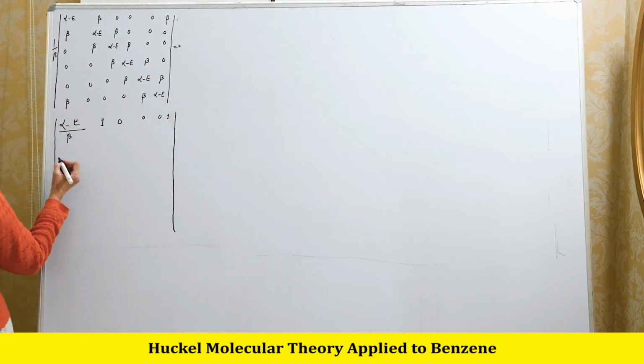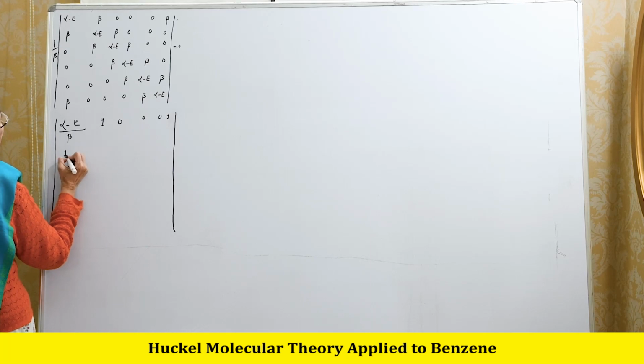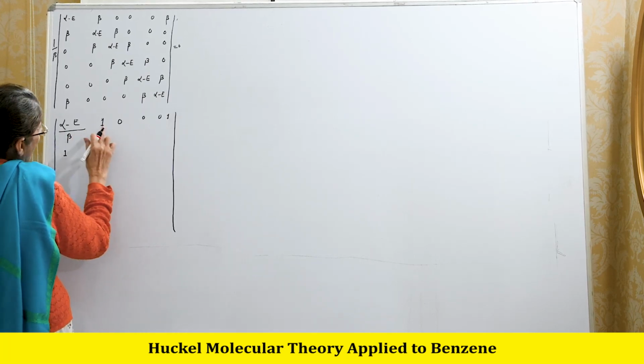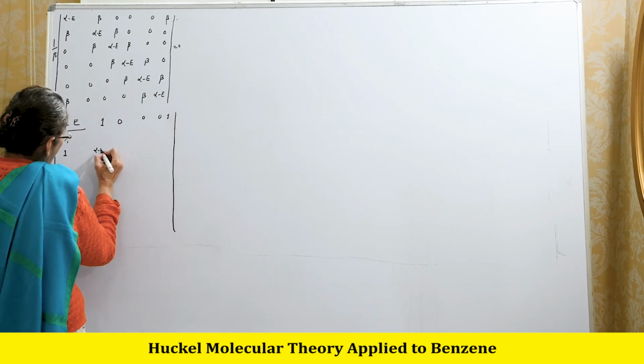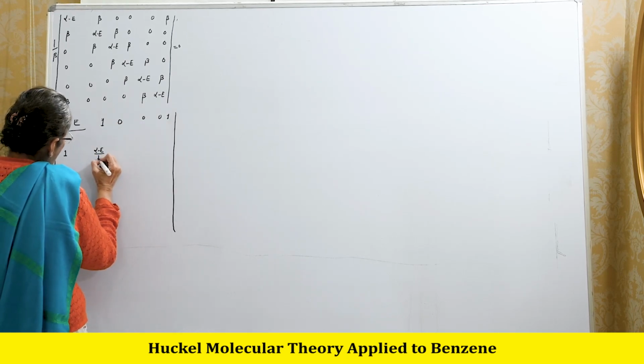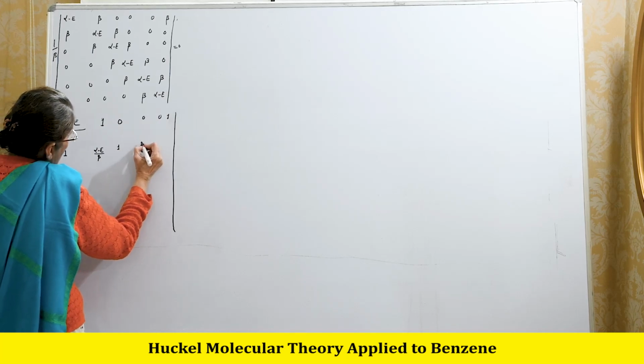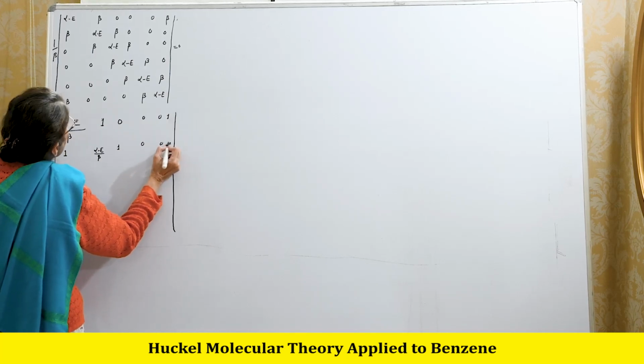The second row is 1, alpha minus E by beta, 1, 0, 0, 0.